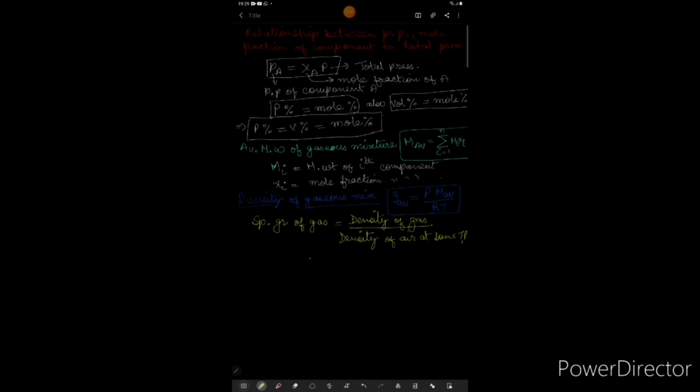Or we can also calculate it from molecular weight: the molecular weight of that gas divided by the molecular weight of air is the specific gravity of that gas.